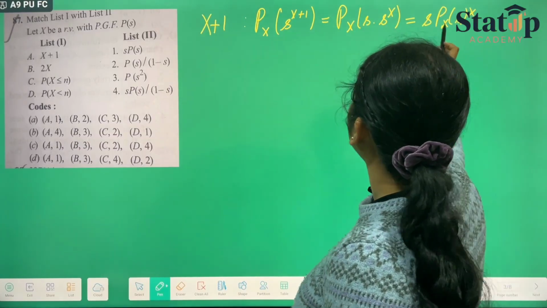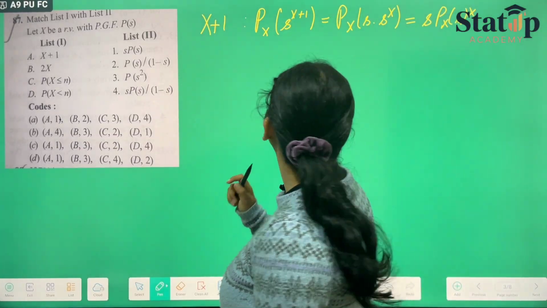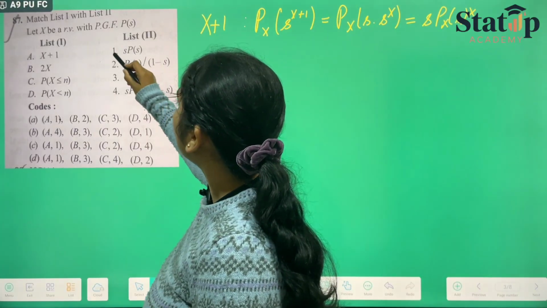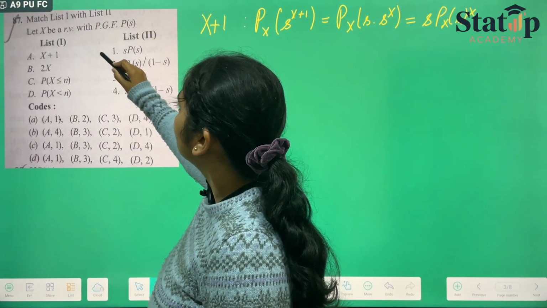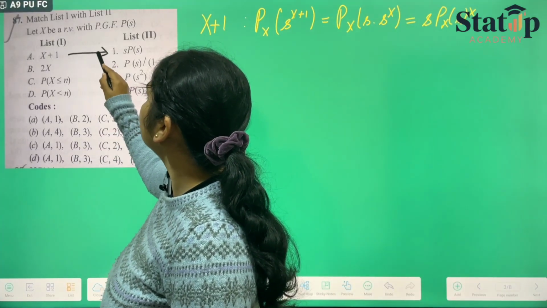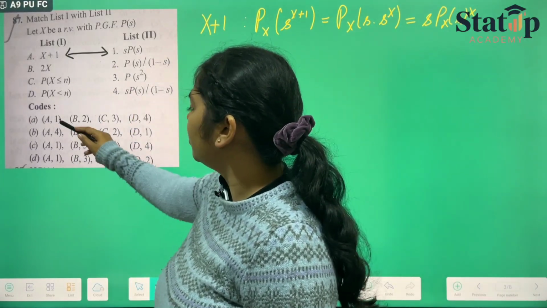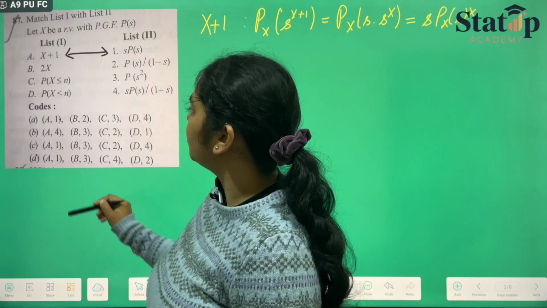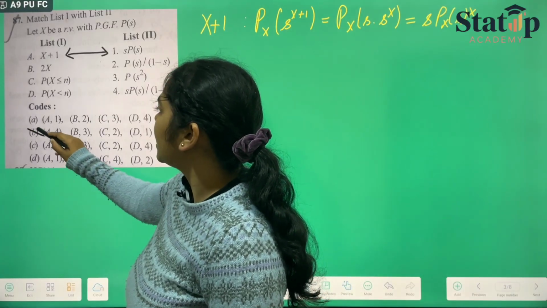So X plus 1 has this PGF, which is s into P_X(s), which is our option number 1. So A is equal to option number 1. Now here we have three options for A, option number 1. So B is cancelled.